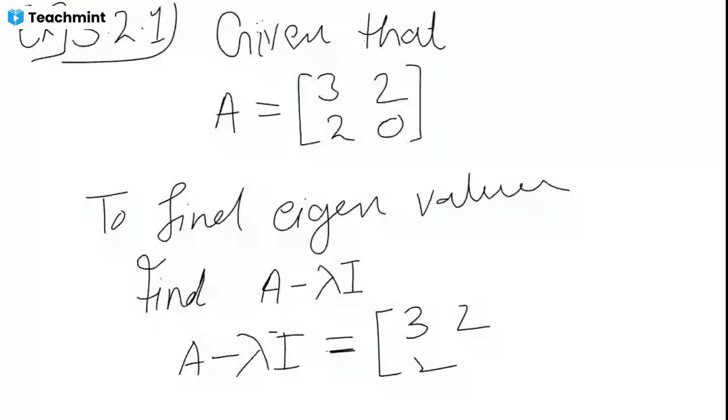To find the eigenvector, put A minus lambda I into X, here this is the vector, is equal to 0, and on the right-hand side we have 0 and we'll take it as a null vector.